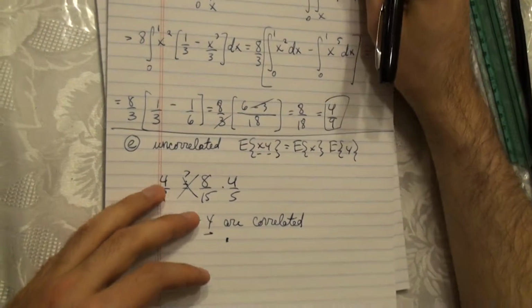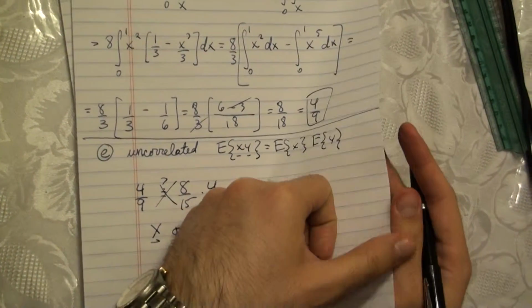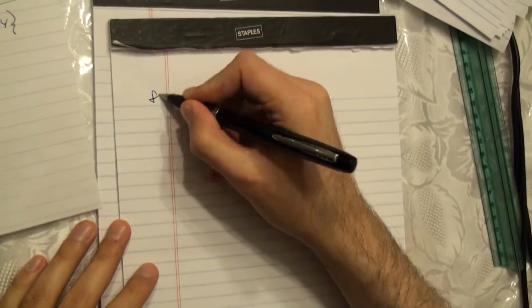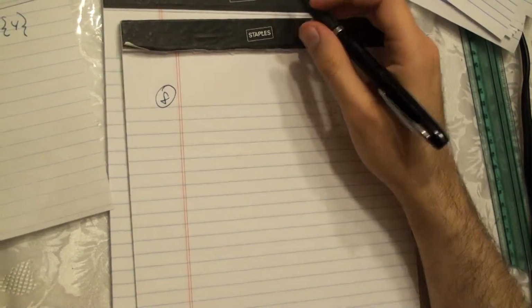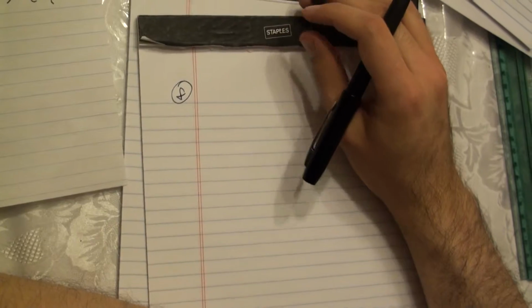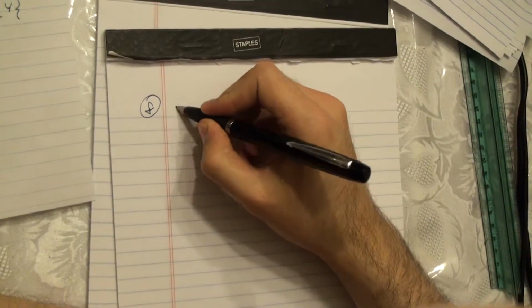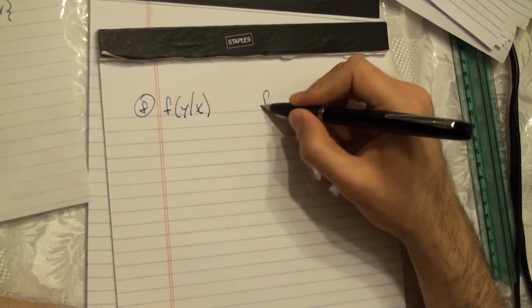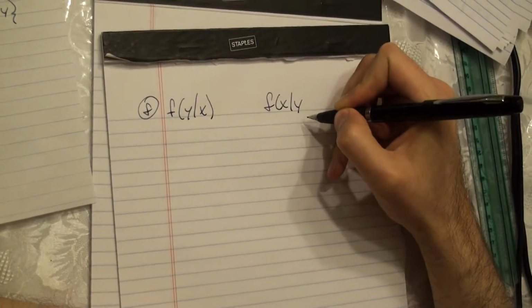Now part F. Part F wants us to find and sketch the conditional density functions. So they want us to find f of y given x and f of x given y.